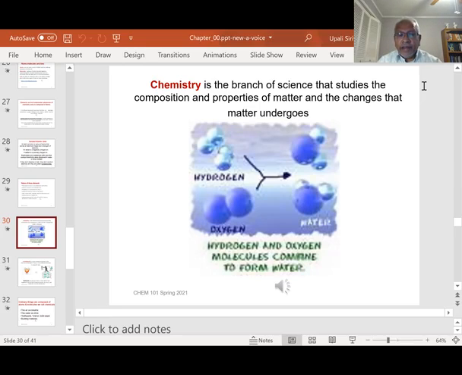For example, hydrogen and oxygen molecules produce two water molecules. So that is produced in a chemical reaction. The identity of the substances, beginning and end, is different. It's a chemical reaction. Matter is transformed during the chemical reaction.